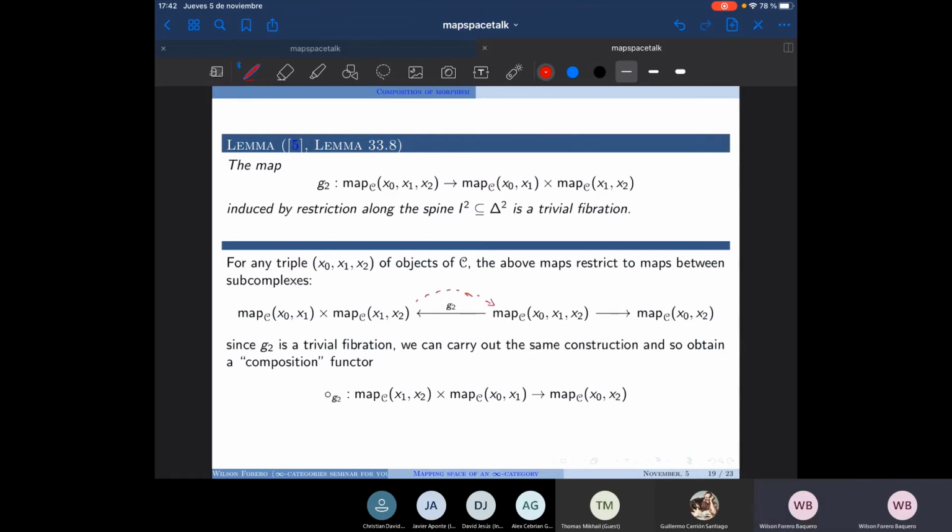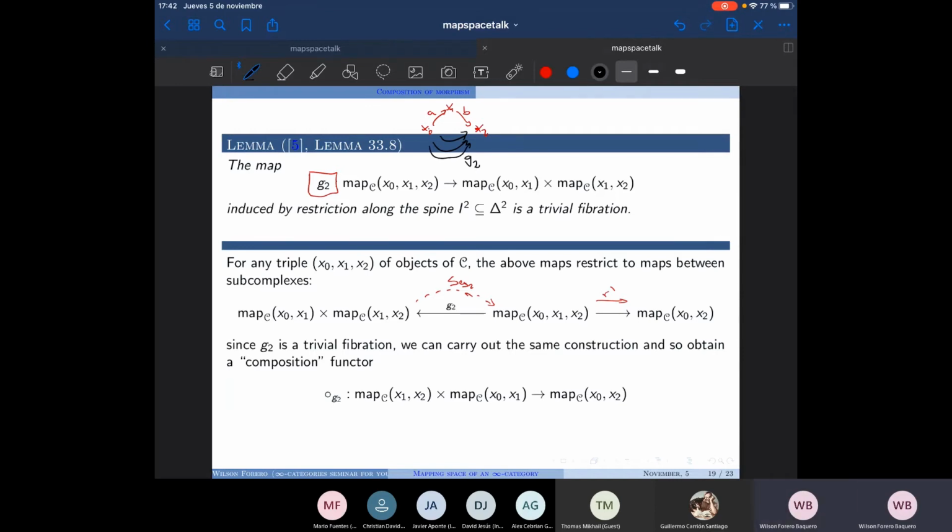Okay, and we have that the section composed with R prime, this span of G2, gives a composition. But remember, we have to choose one possible composition. Why? Because if we have this diagram, we have 3 objects, x0, x1, x2, we have many possible arrows. So we have to pick one, for example, G2.